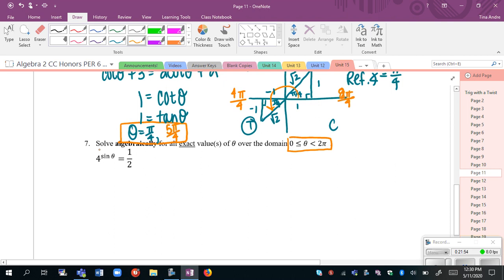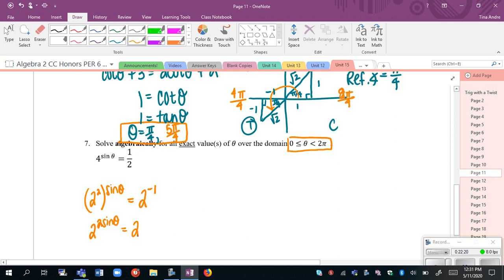So if I can get a common base, 4 I can rewrite as 2 squared. And then 1/2 I can rewrite as 2 to the -1. And now that I have my common bases, I'm going to go ahead and use my exponent rules. When you raise something to a power, you multiply. So this is 2 times sine of theta, so this is just going to be 2 sine of theta.